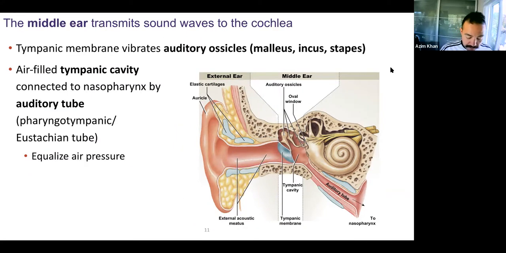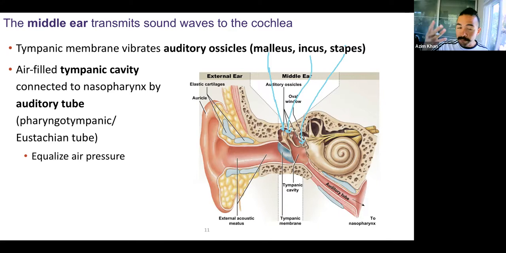The middle ear has those auditory ossicles. You've got the malleus first, then the incus, and then most medially is the stapes. Smallest bones in your body.